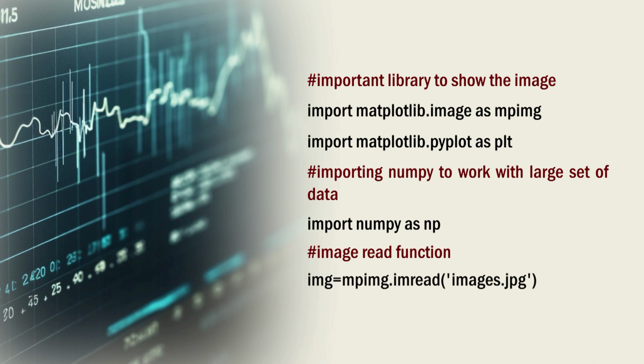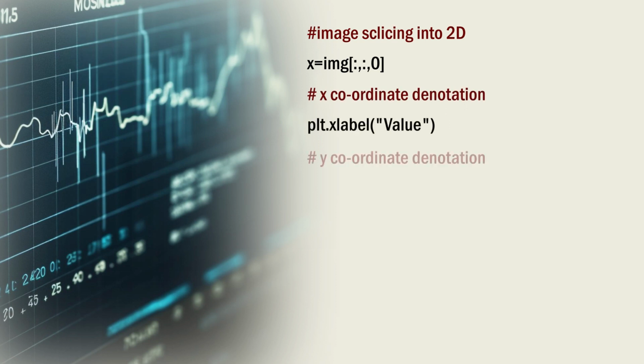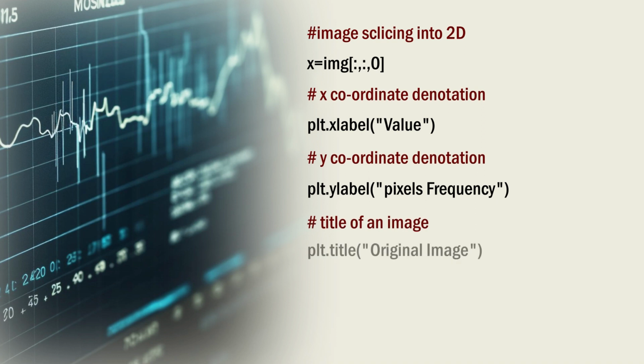First of all, we have to read the image with imread, then do image slicing into 2D, after that the x coordinate denotation, then the y coordinate denotation, and then the title of the image, which is called original image.